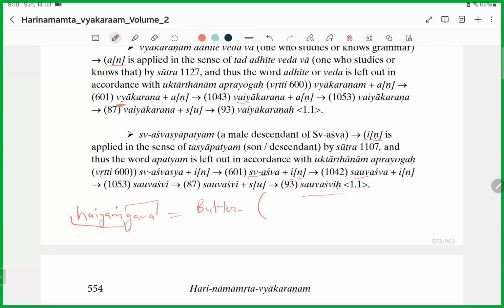It's a Samasa. So this word Hayam comes from the word here, which means yesterday, and Gava means a milk product or something which comes out of go, a cow.